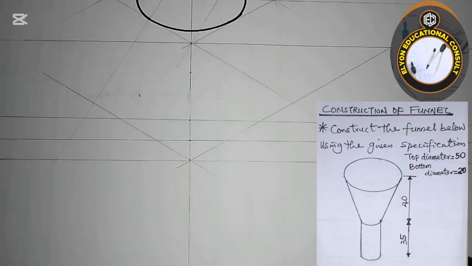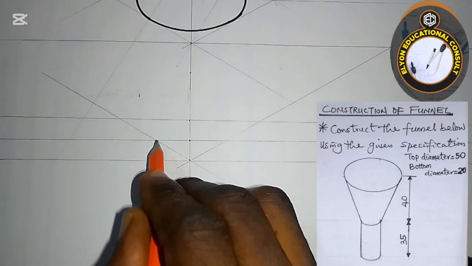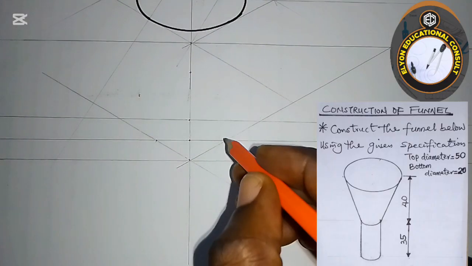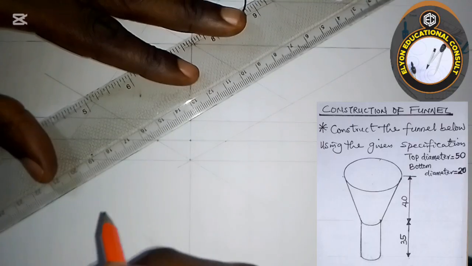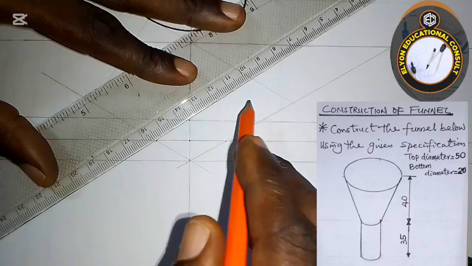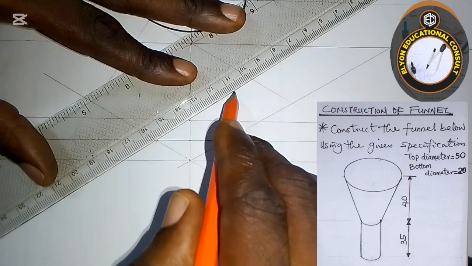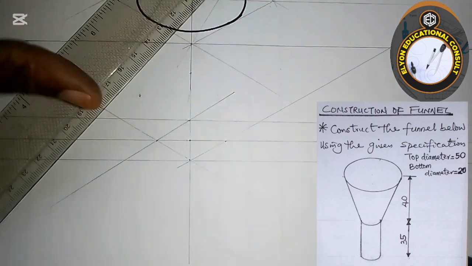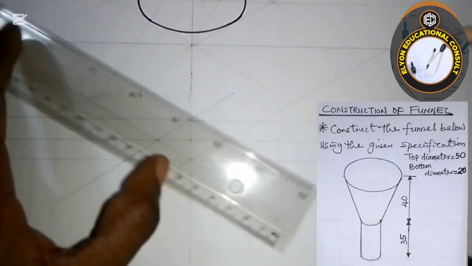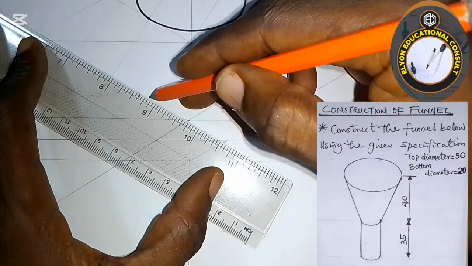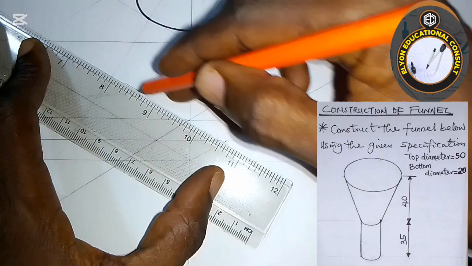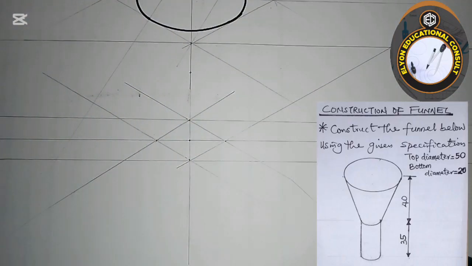All right, so this is going to be the other point. So all I just need to do is to use my ruler here now without the set square. So just draw this line now. Okay, then draw this other side. Okay, so you have this now.